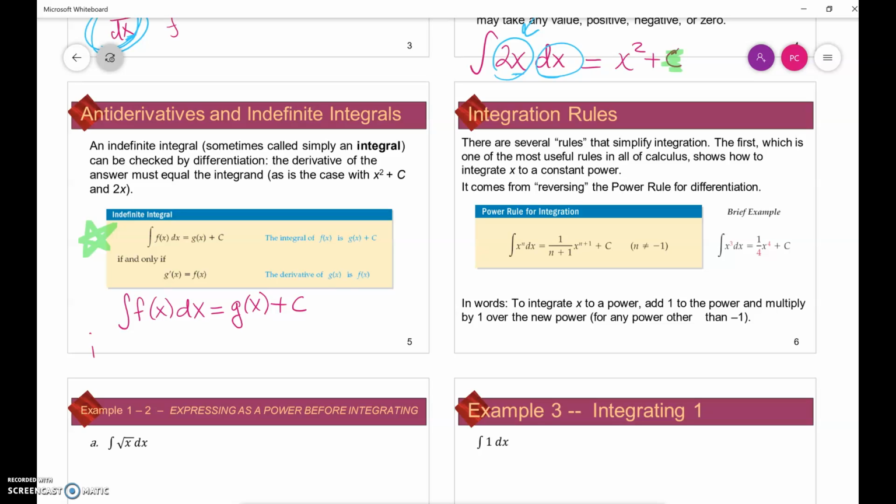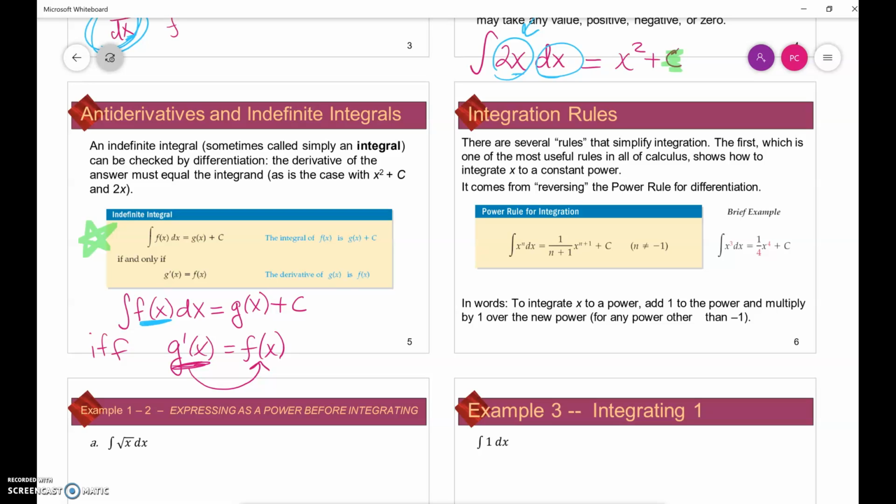This works if and only if g prime of x equals f of x. So as long as you can take the derivative of your answer and get the integrand, the function inside the integral, you know you have the right answer.